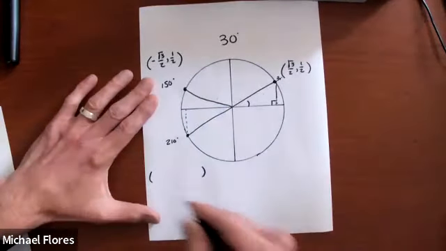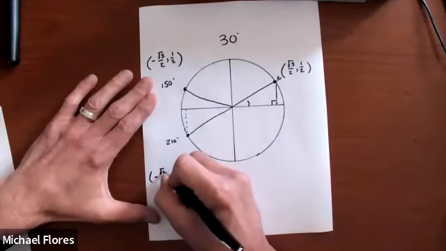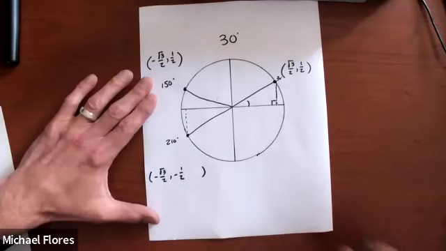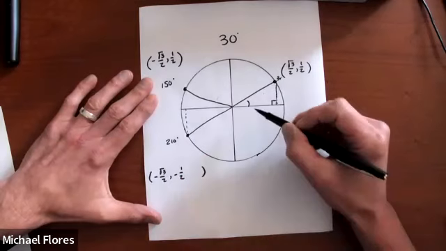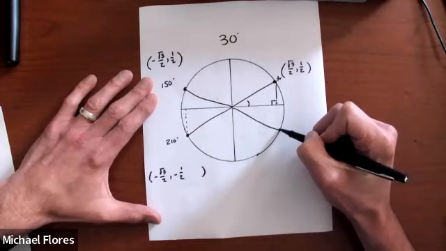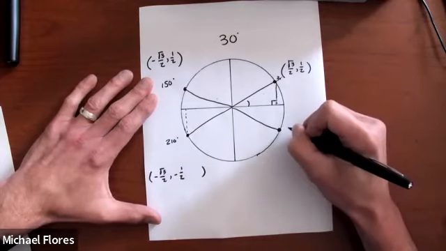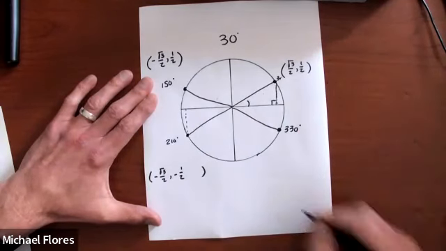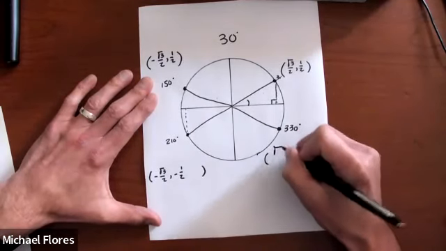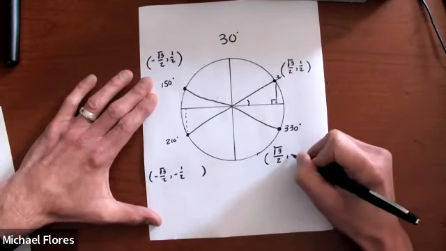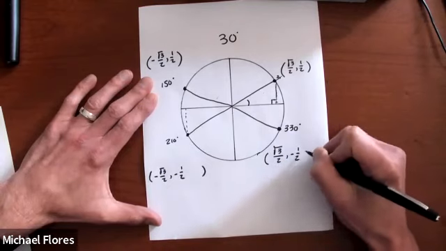So left, down, negative root 3 over 2, negative 1/2. Good. And then we have another 30-degree reference angle over here in quadrant 4. That would be a 330-degree rotation. That would produce a coordinate of root 3 over 2, comma, negative 1/2.